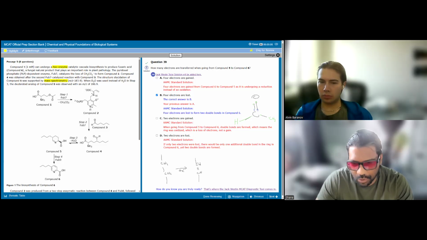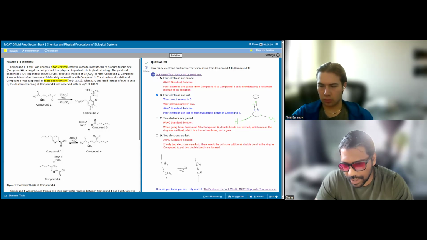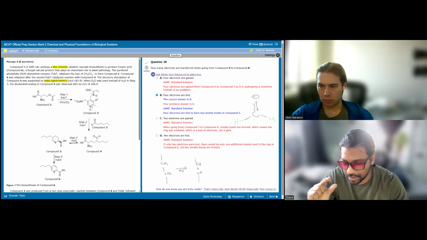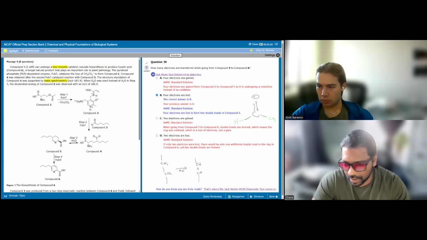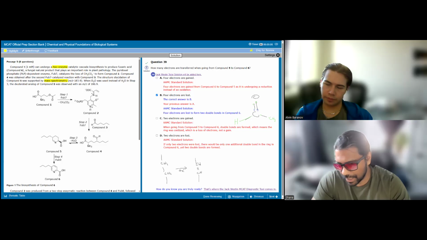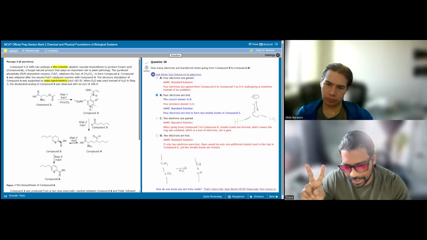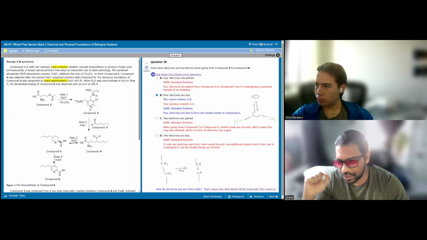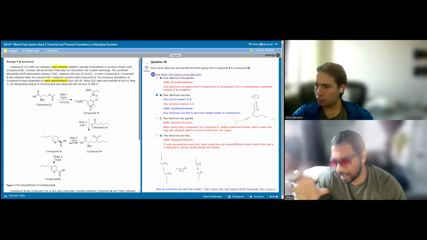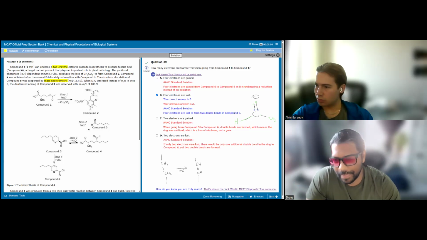So a single bond means each thing involved will be sharing one electron. And for a double bond, each one will be sharing two electrons.